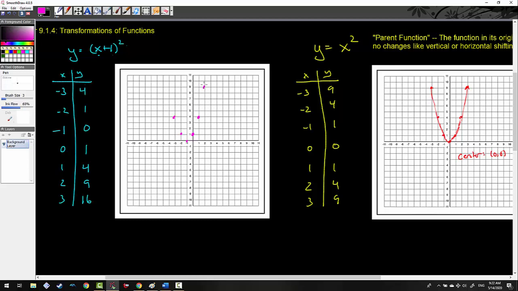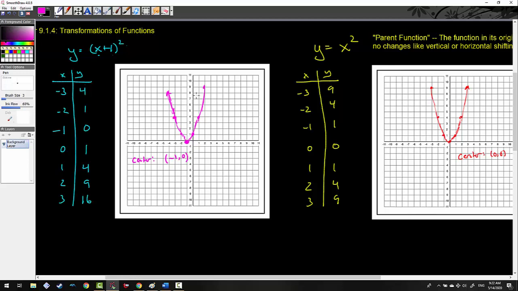From here, when I go to graph this, I want you to start noticing the differences and the similarities between the graph that we have in red and the graph that we have here in purple. How are they different? How are they the same? They're the same in the sense that the shape is, generally speaking, the same. It's a parabola. It grows in a U shape. The center of this particular parabola is negative 1, 0.